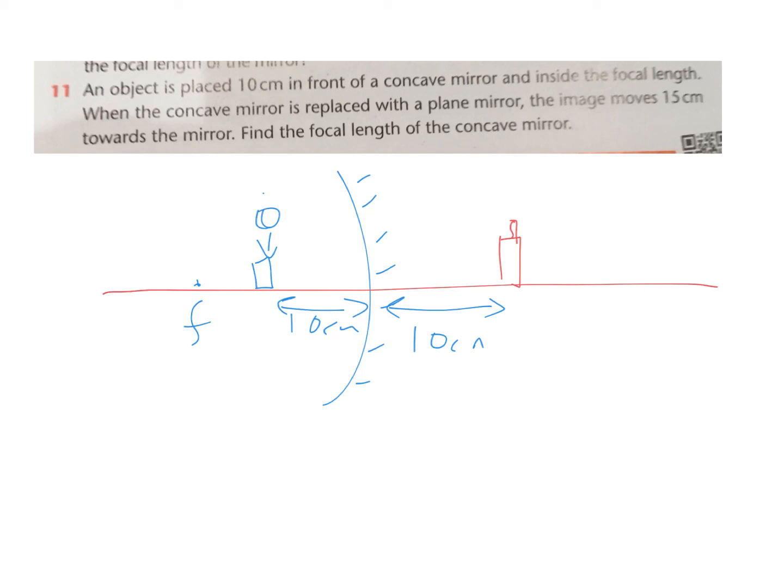The object distance and the image distance would be the same. But it's not, it's a curved mirror. So the actual location is going to be another 15 centimeters away from the mirror. So I'm going to add another 15 centimeters on, and this is where our actual image is.